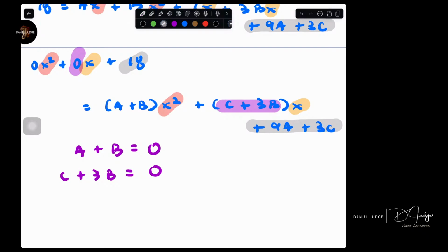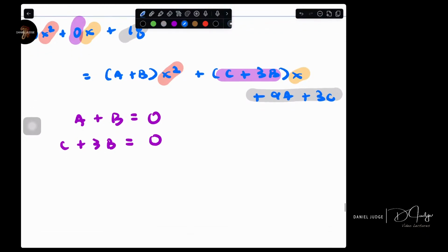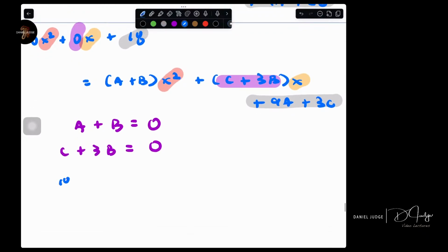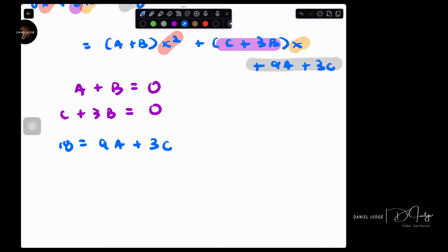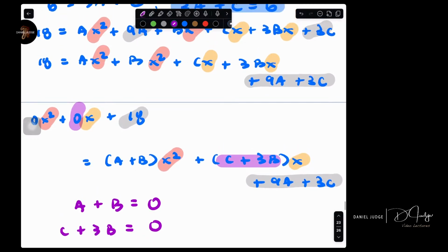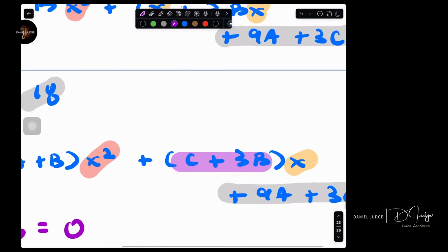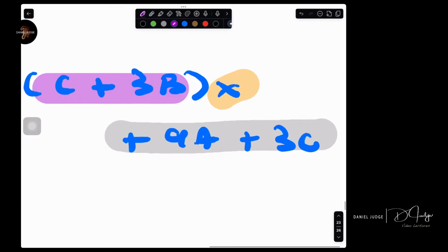And you may notice this equation in gray, the constants, we already wrote down as 18 is 9a plus 3c. Dividing both sides by 3, you end up getting 6 equals 3a plus c. And I'm going to use this in purple just to share that with you guys, that the 18 is the 9a plus 3c. Those are the constants. I got this constant number 18 on the left. It's equal to my constants on the right, which is 9a plus 3c.